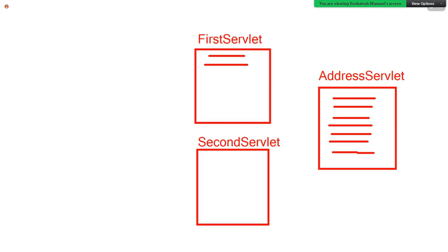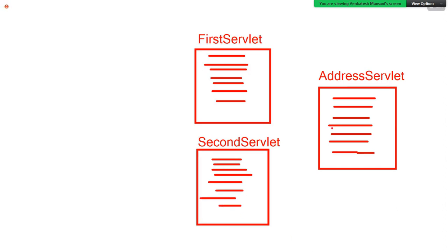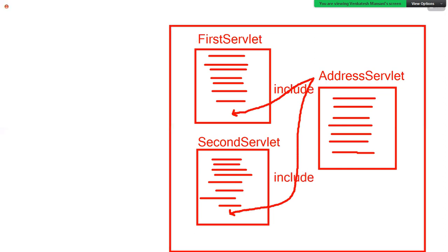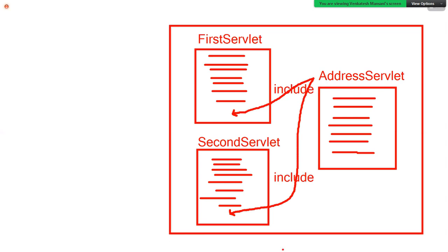Here is the first servlet code and second servlet code. Now at the bottom I'll include this address in each. All these are on the server.